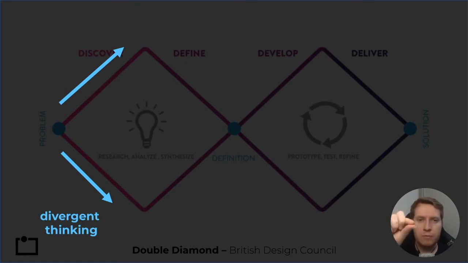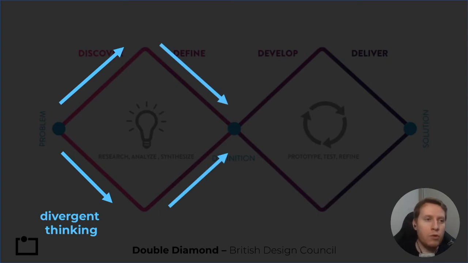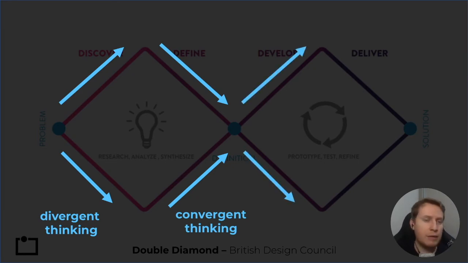We start from the problem and then we start going wide, as we have in the design thinking process, and then we go through a phase of definition, bringing together all the possible insights that we got so far. So we have what we call convergent thinking, and then we repeat that on the next phase. The same for develop and deliver.